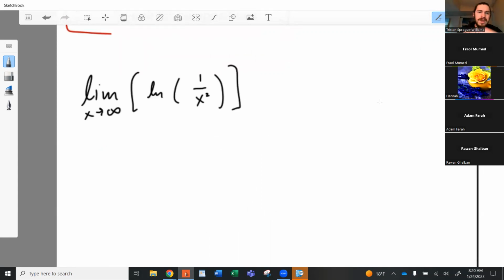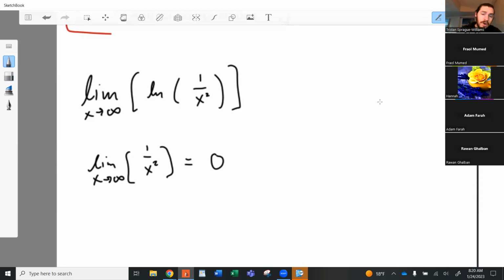Okay, let's begin with the limit of 1 over x squared. Do we know what this is? 0. It is 0. Good. 1 over x squared, its limit is always going to be 0.